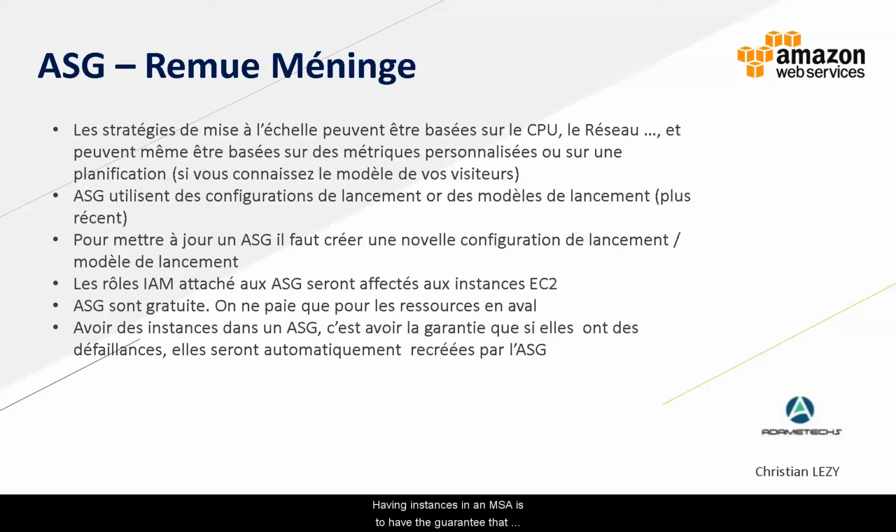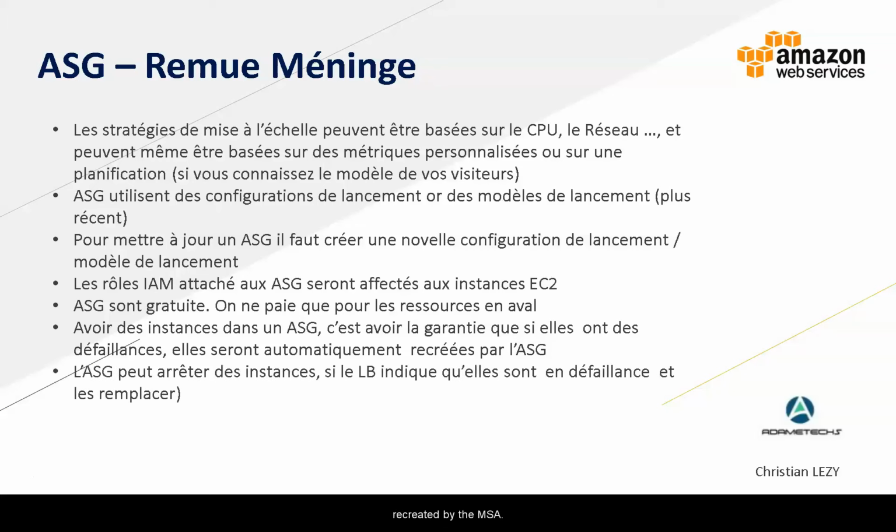Having instances in an ASG is to have the guarantee that if they fail, they will be automatically recreated by the ASG. The ASG can therefore terminate instances if the load balancer tells it to, and replace them. In the next lab, we'll see how to set up an ASG and how to define rules.